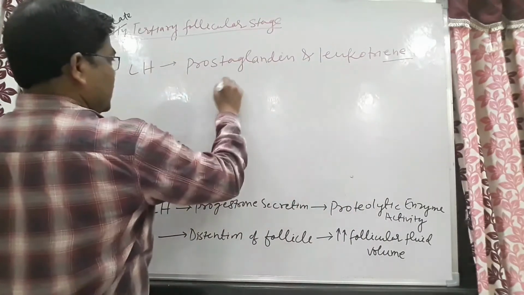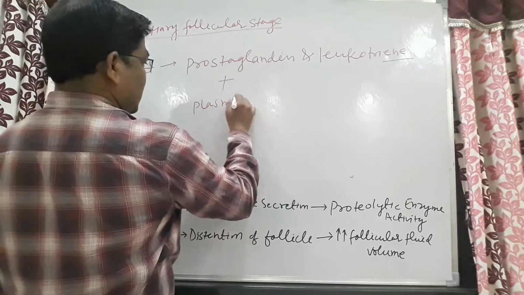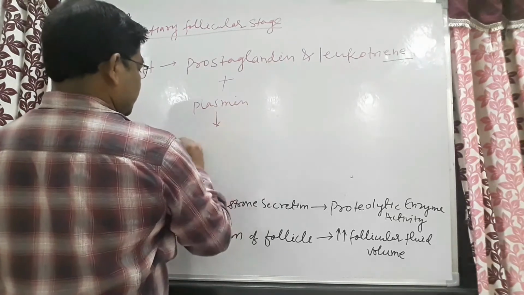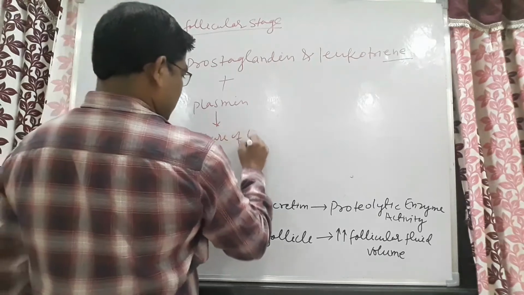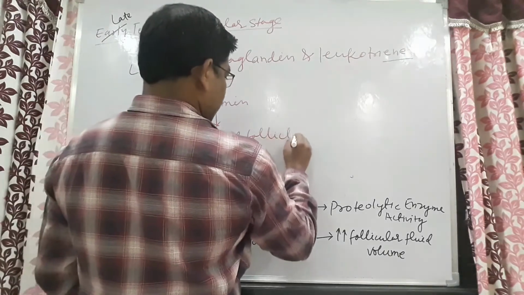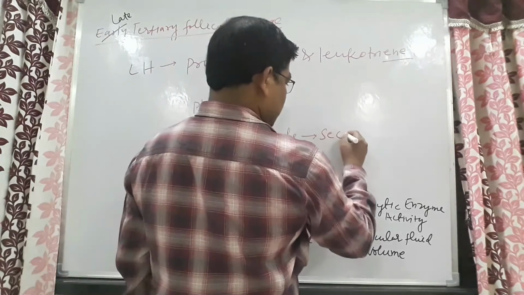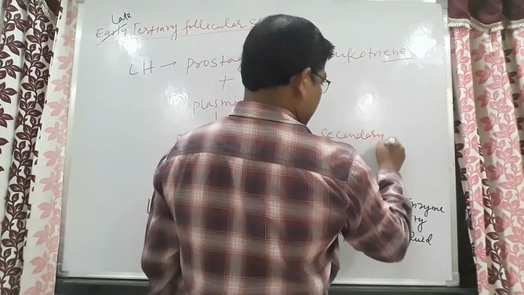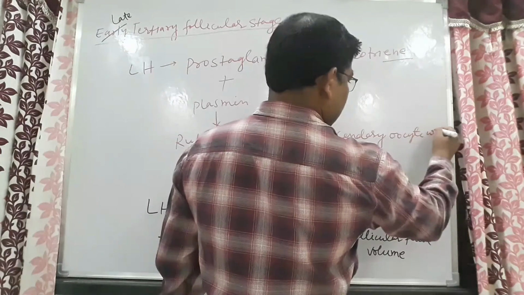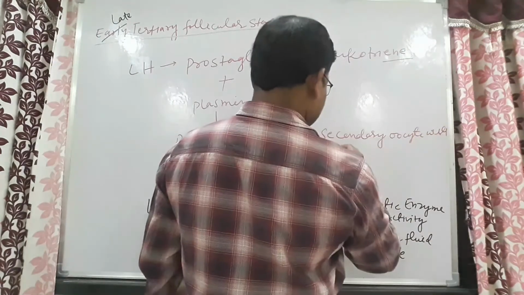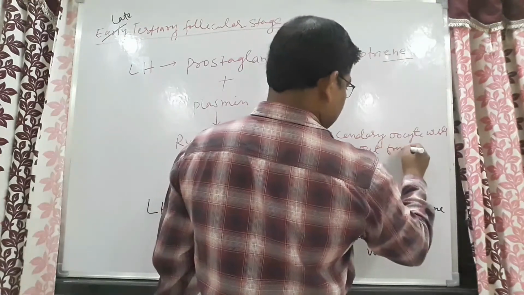This prostaglandin, along with the help of plasmin, will cause rupture of the tertiary follicle, so that the secondary oocyte will come out from the matured Graafian follicle.